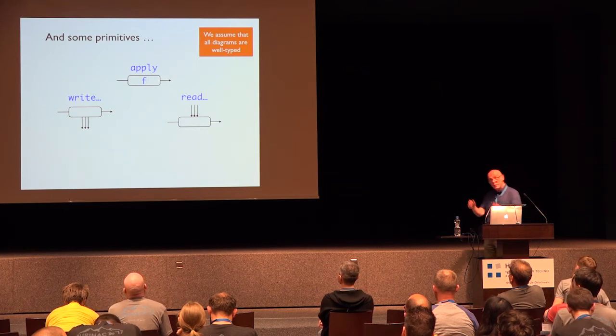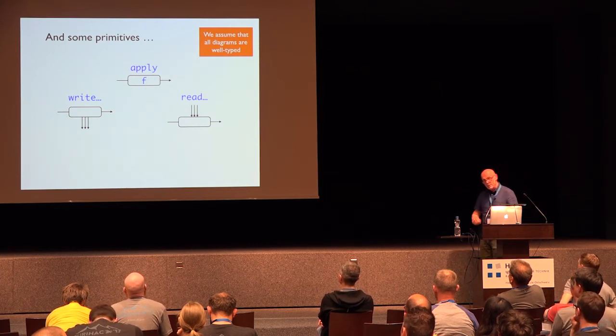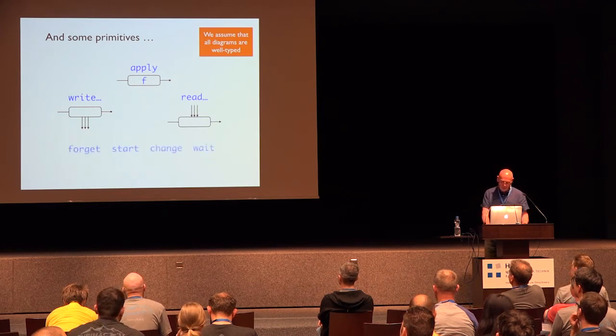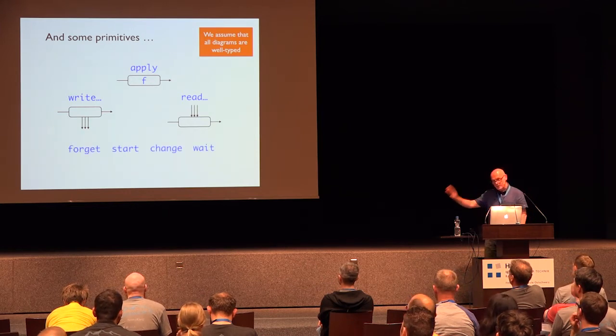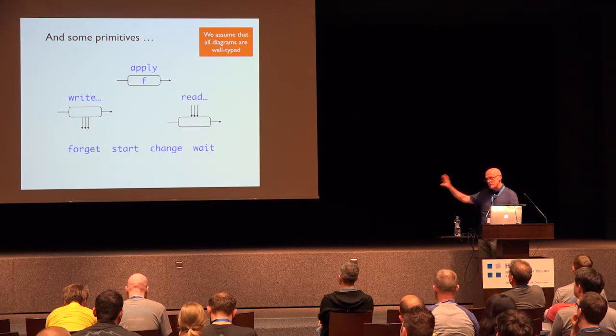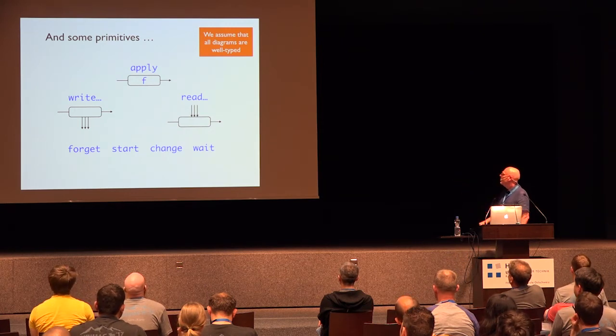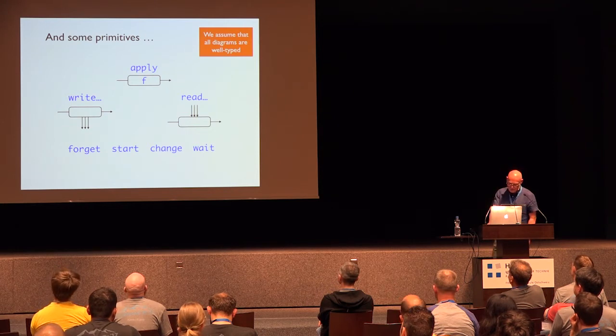There's a thing called apply, which turns a function into one of these interactions. And there is something to write and something to read. And there are things like forget, turn a state into an empty state, start, so turn an empty state into a state with some values in it, and change. And there's a thing called wait, which we'll meet in a second.